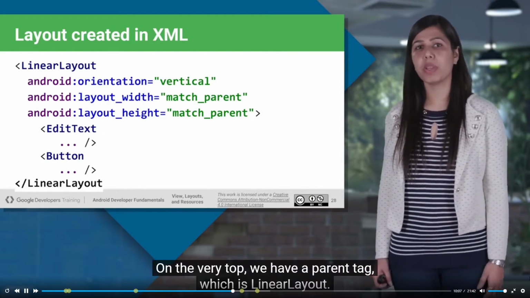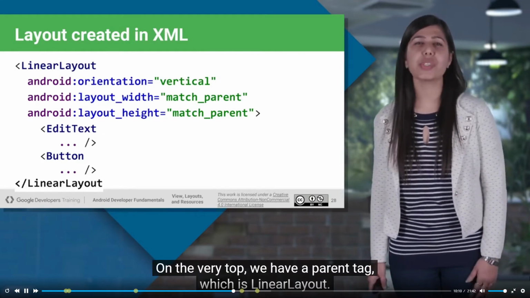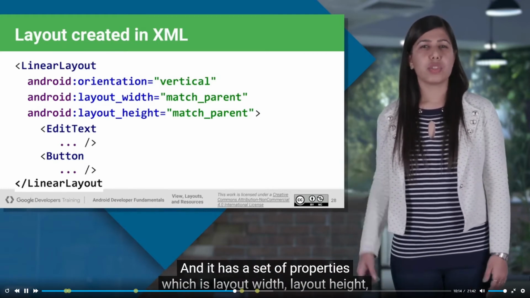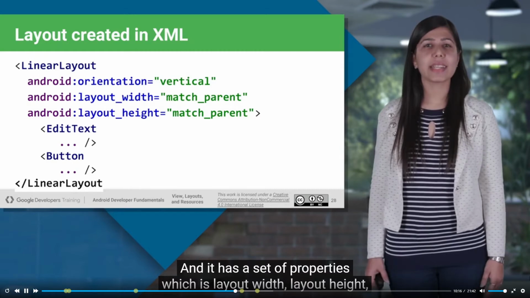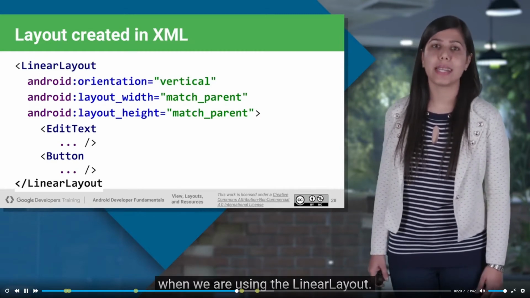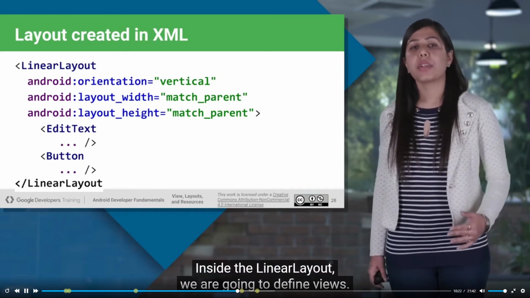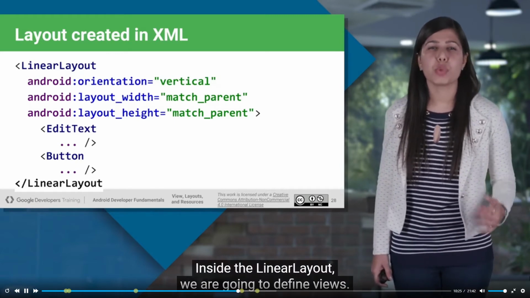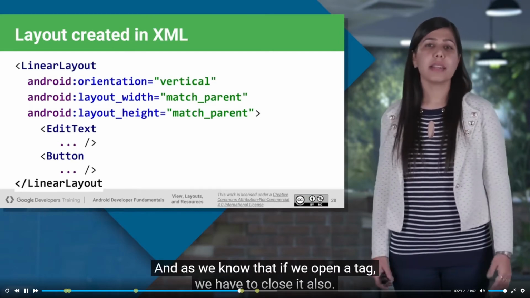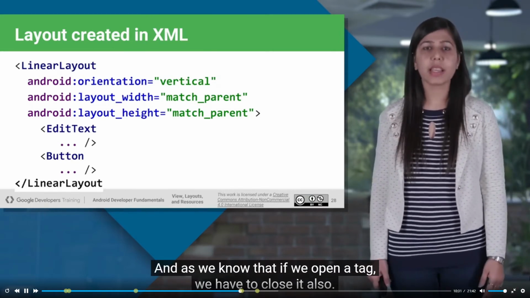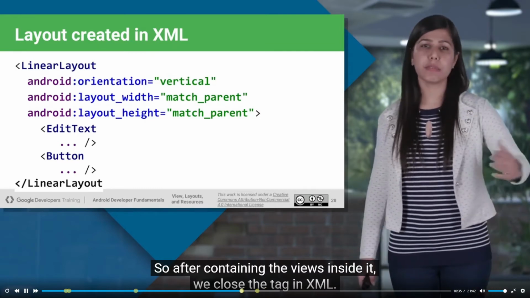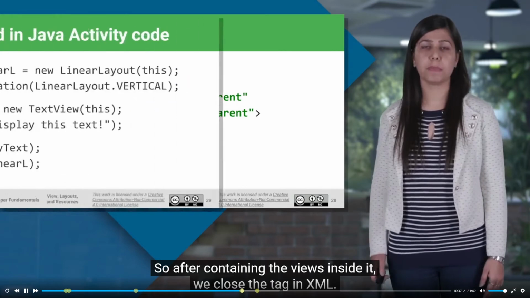On the very top, we have a parent tag, which is linear layout, and it has a set of properties, which is layout width, layout height, and of course, we have to specify the orientation when we are using the linear layout. Inside linear layout, now we are going to define views. So we have edit text, buttons, text views inside it. And as we know, if we open a tag, we have to close it also. So after containing the views inside it, we close the tag in XML.